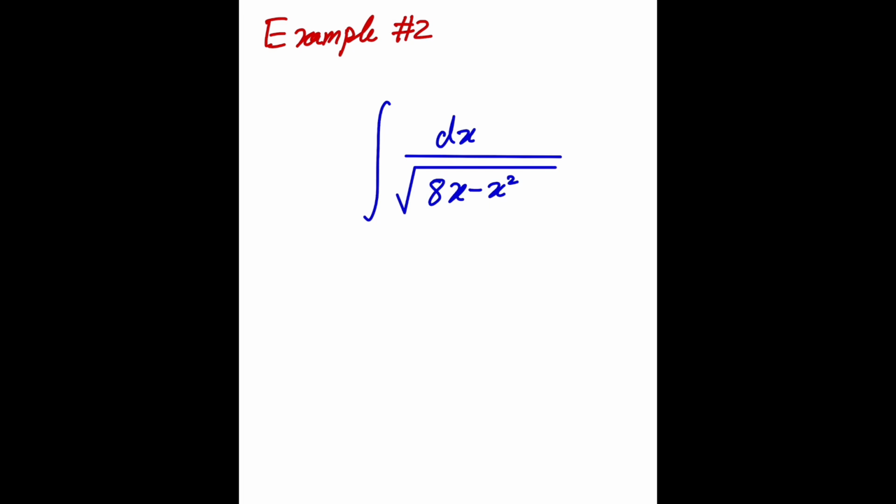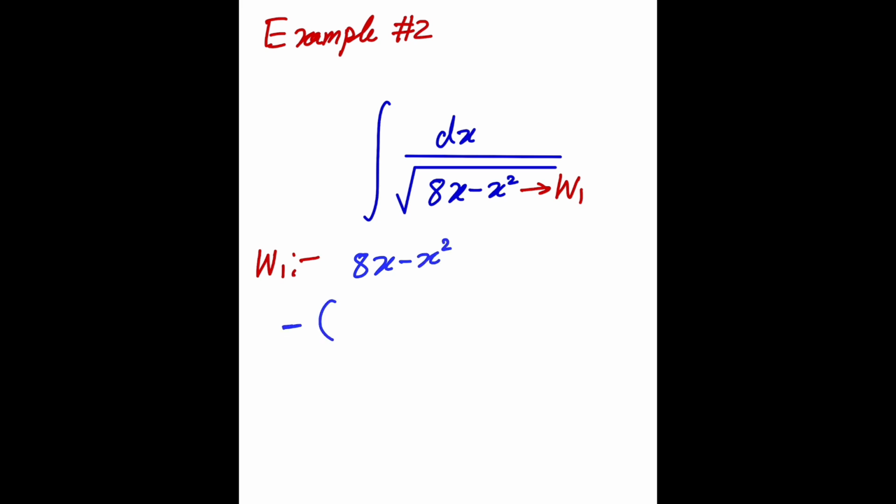So let's work with 8x minus x squared separately and perform the completing the square method on it, referring to this as W1, meaning working 1. 8x minus x squared.